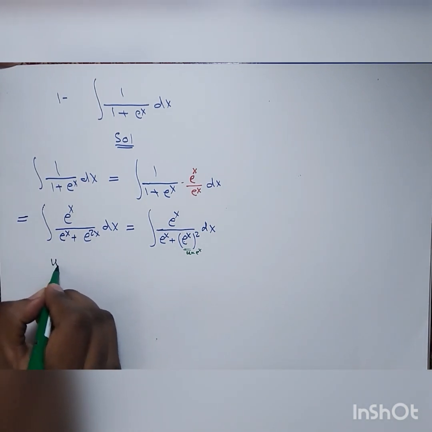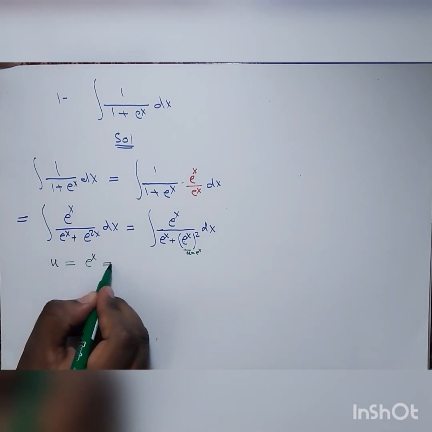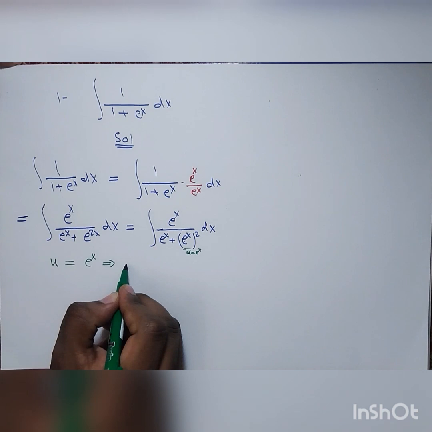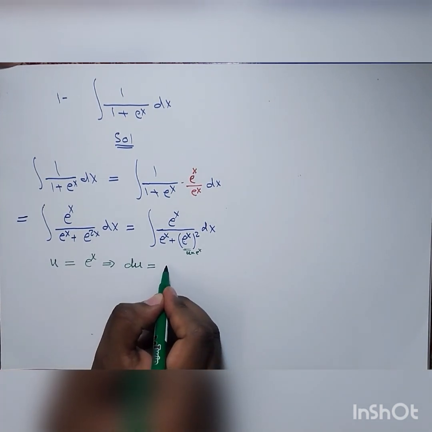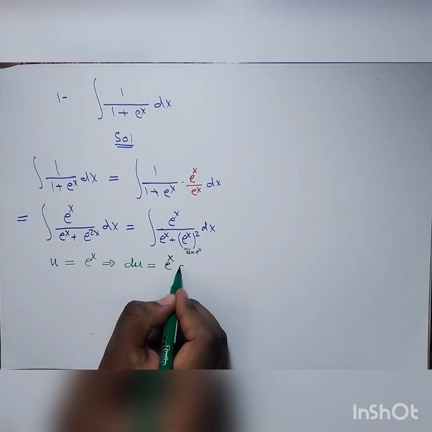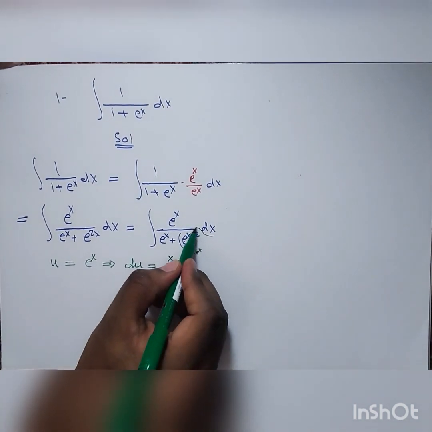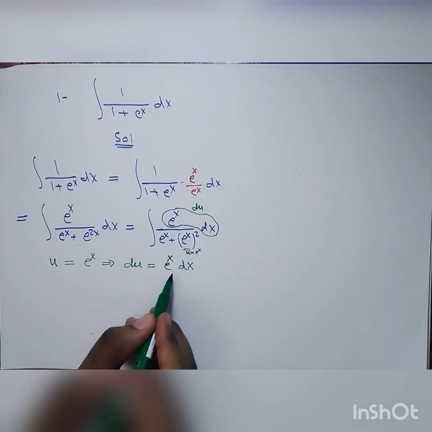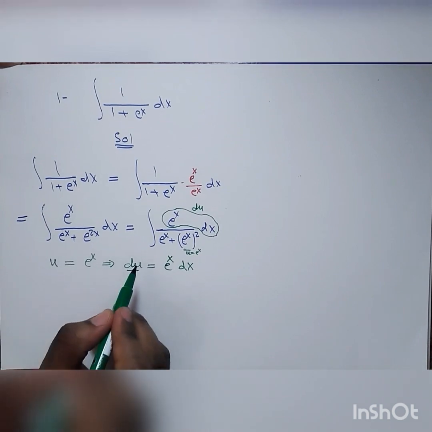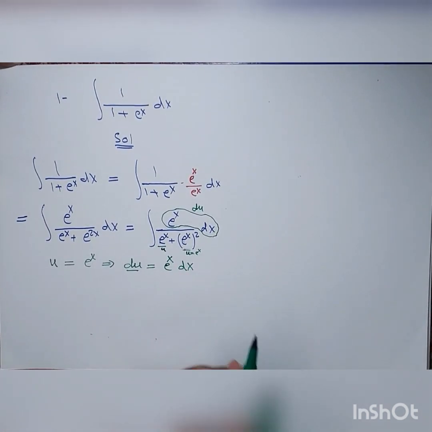Let us say u is equal to e to the power x, that means du will be equal to e to the power x dx. Then we see that everything up here will be du, and we just replace e to the power x by u.